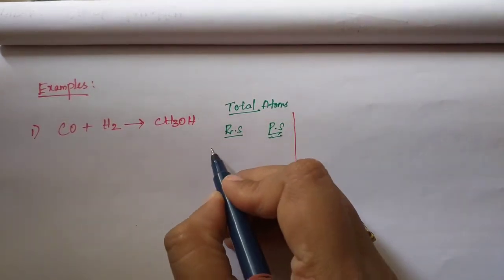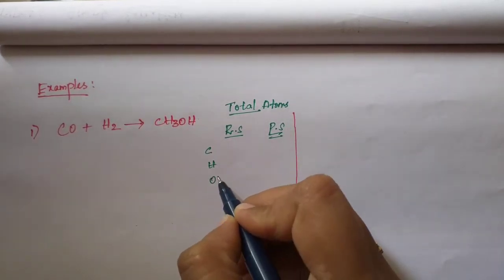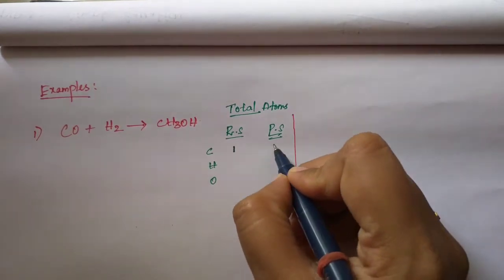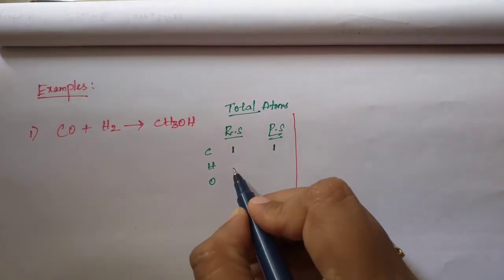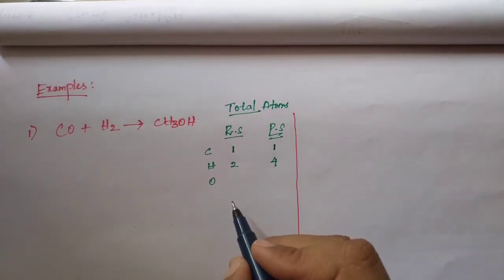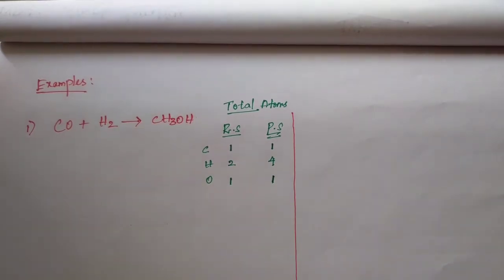What are the atoms involved in this equation? Carbon, hydrogen, oxygen. Reactant side 1 carbon, product side 1 carbon; hydrogen reactant side 2, product side 4; oxygen reactant side 1, product side also 1.